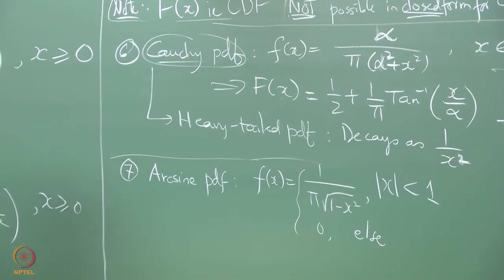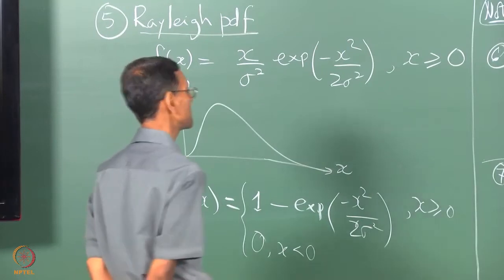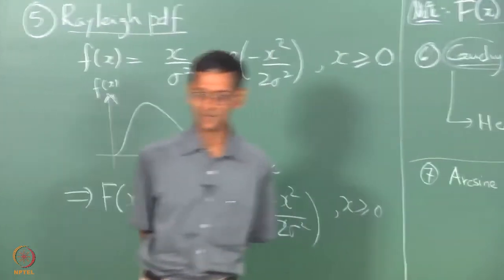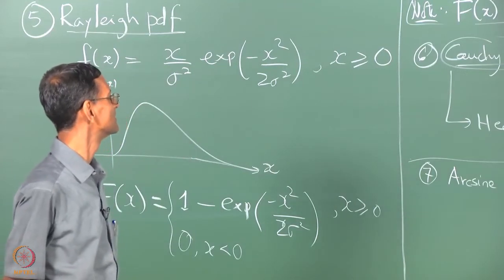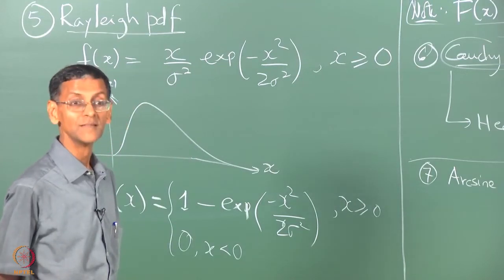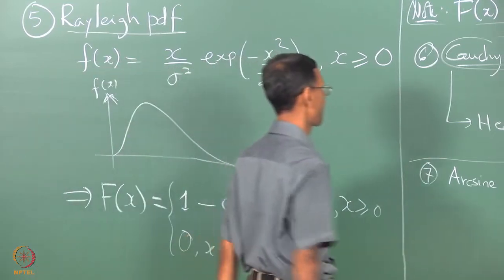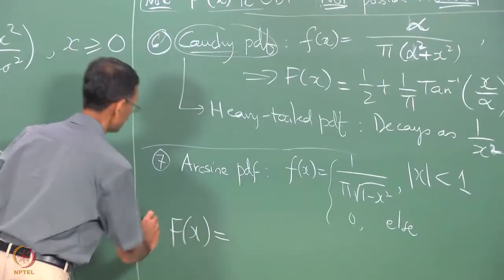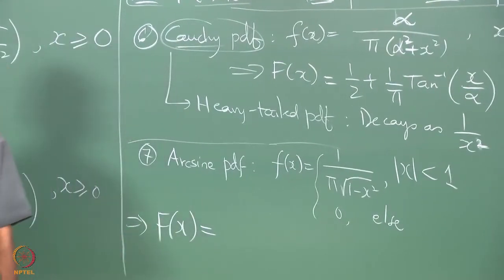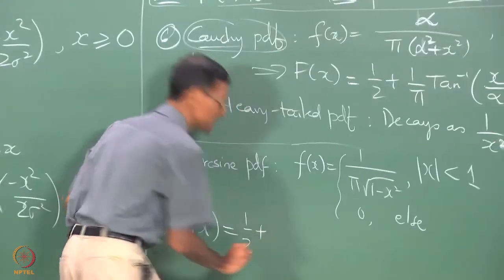What is interesting about this? First of all, does it have finite area? Does it have a closed form CDF? What is F of x? Again, exactly, somebody said sine inverse.